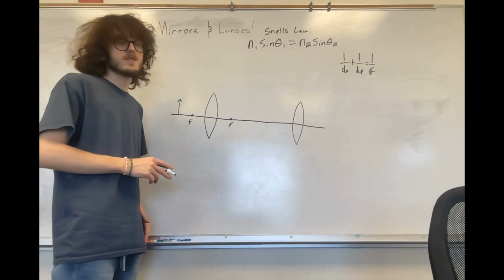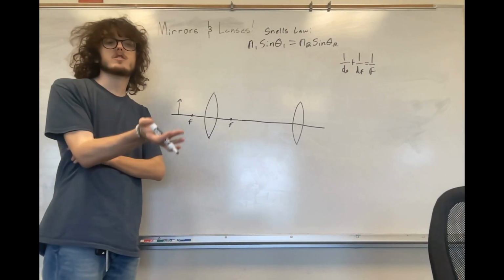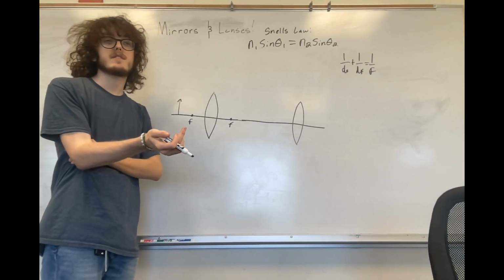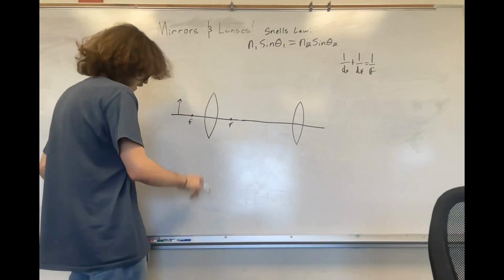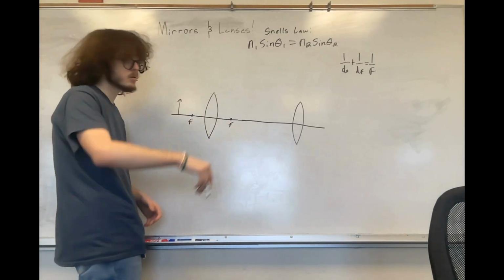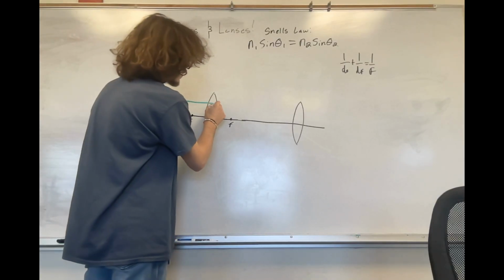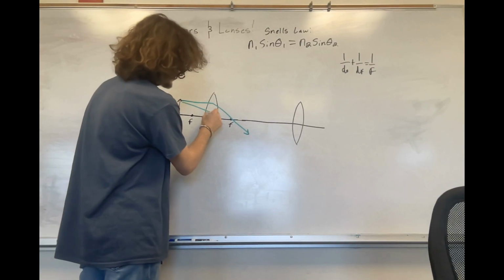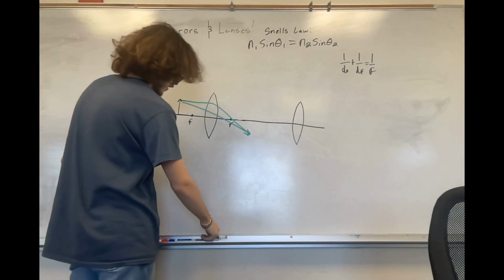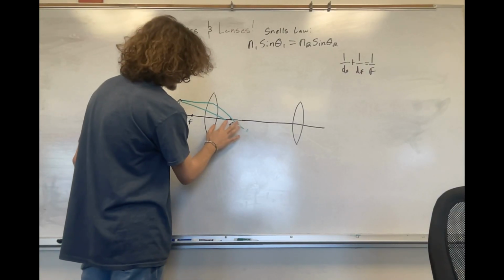So this, for example, might be what we see in a microscope, because we're going to see kind of a double inversion, as we'll see. So I'm going to speed through the ray diagrams. That wasn't very good, was it?